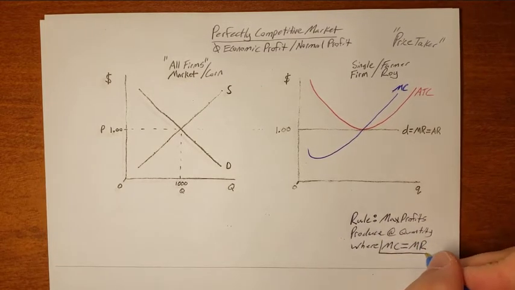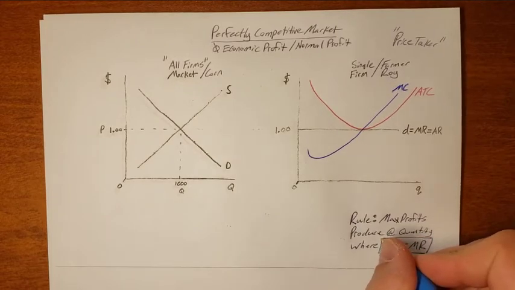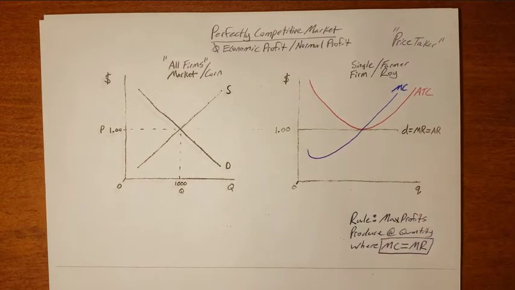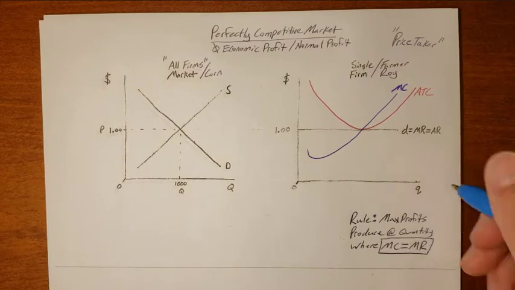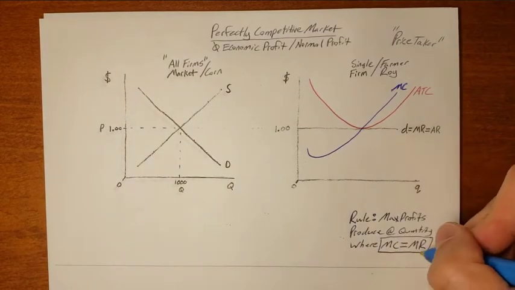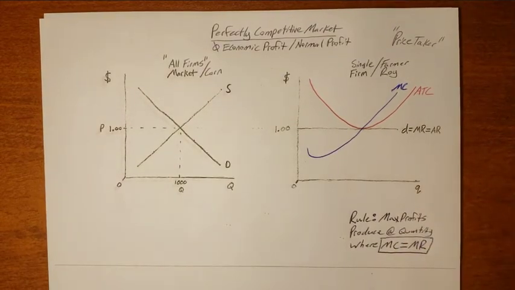And this is a rule that you're going to hear a lot in all four types of markets. So you want to produce where the marginal cost is equal to the marginal revenue.